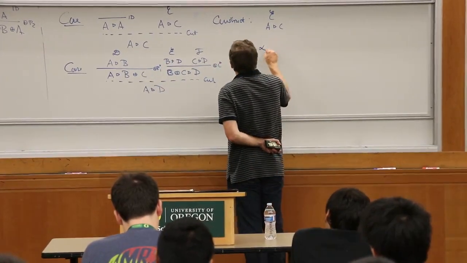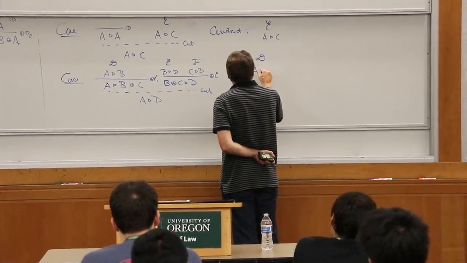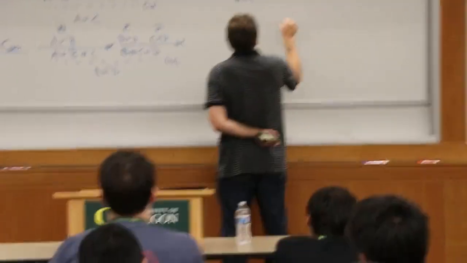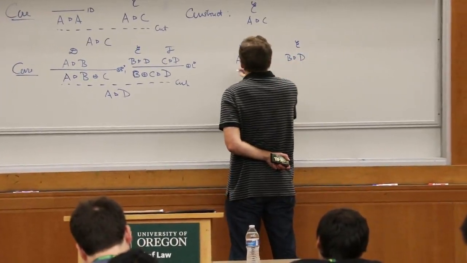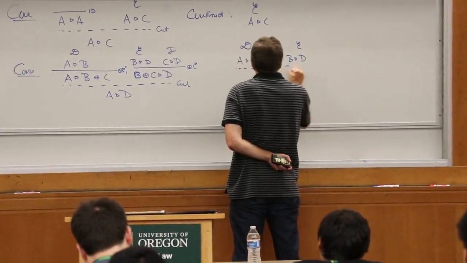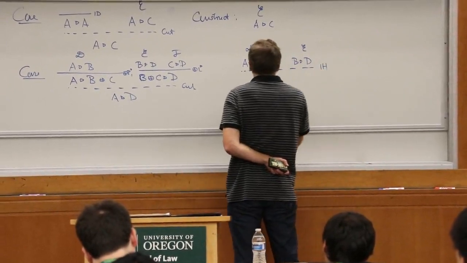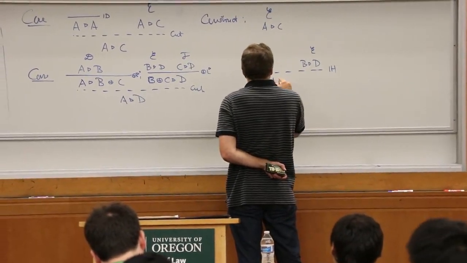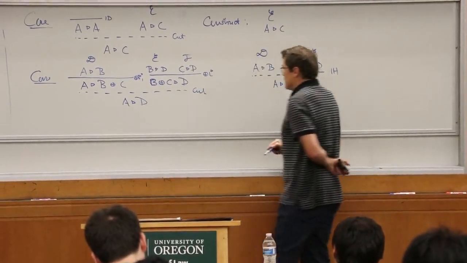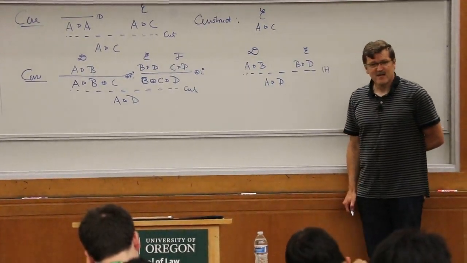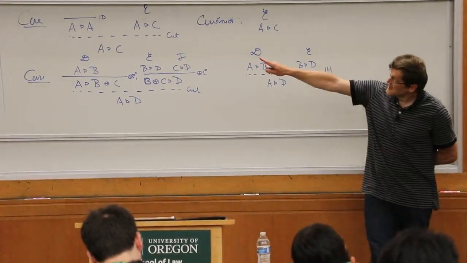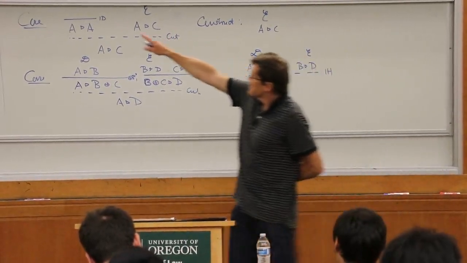On D we have A proves B without cut, and E is B proves D without cut. So by induction hypothesis, we should be able to get A proves D without cut. Oh, magic. That's what we wanted. So it works, and that's actually exactly what we did over there, right?